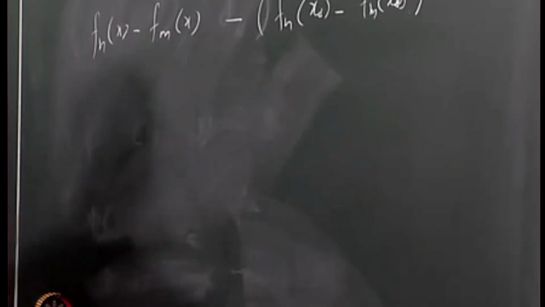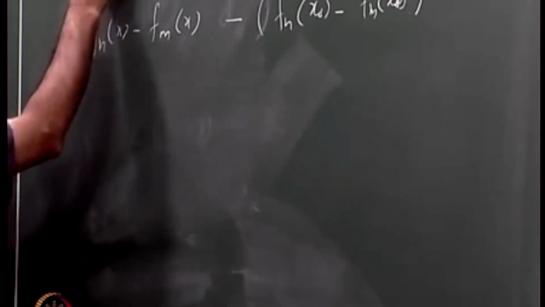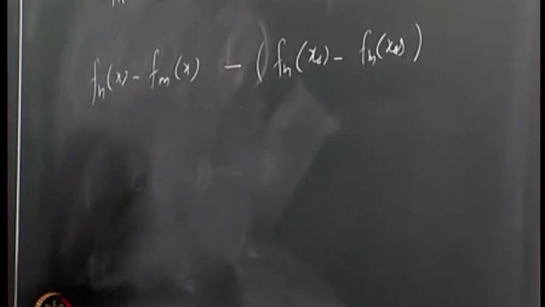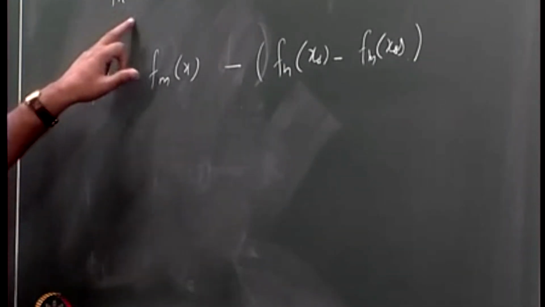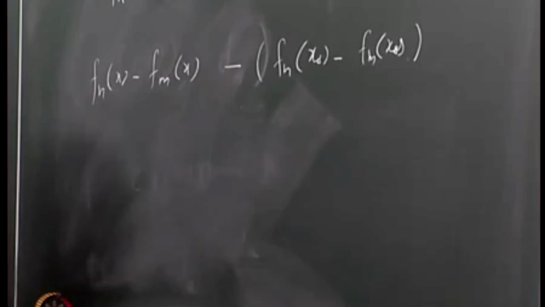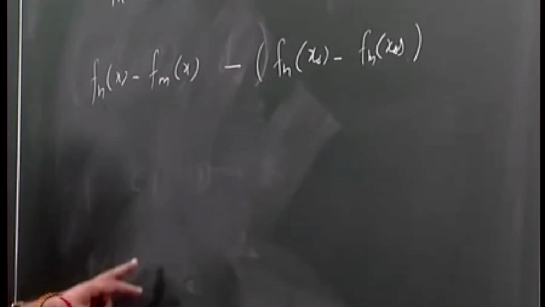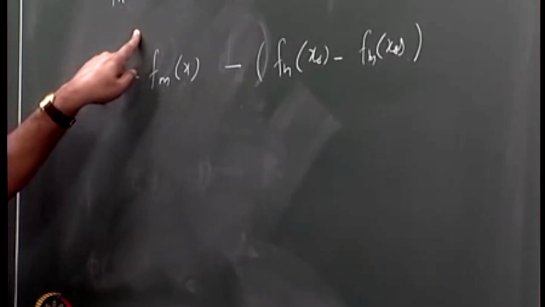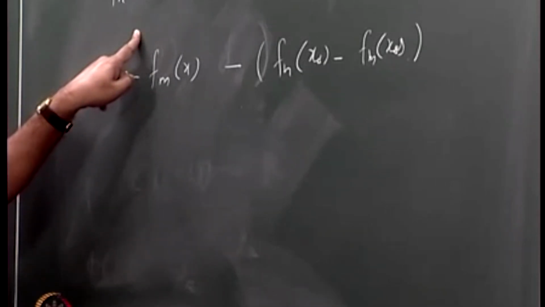But what can we say about this? Suppose we look at the function fn minus fm. It is a difference between the values of this function at x and x naught, and moreover this is a differentiable function. So one can use the mean value theorem.